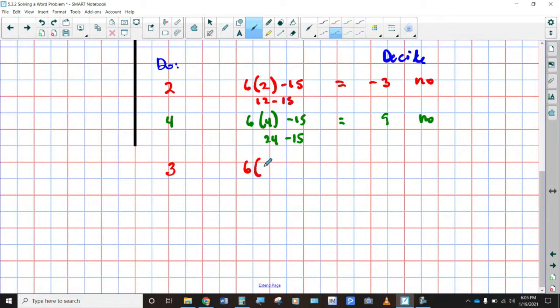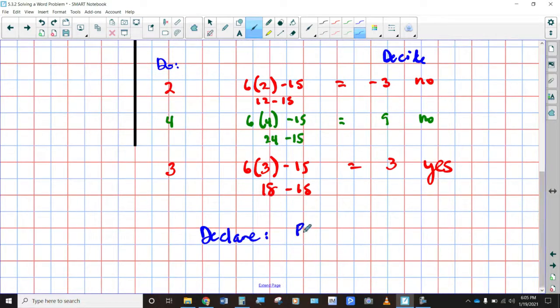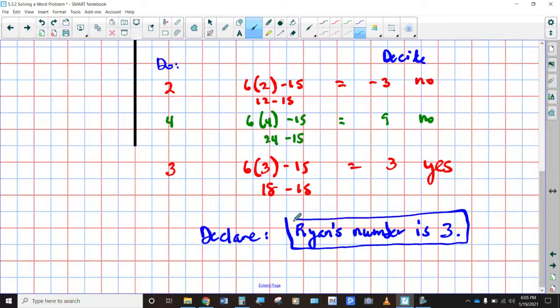So what is 6 times 3? 6 times 3 is 18, and 18 minus 15 gets me back to 3. This is it. So when I declare my answer, Ryan's number is 3. And we draw a box around it to show that that is our final answer.